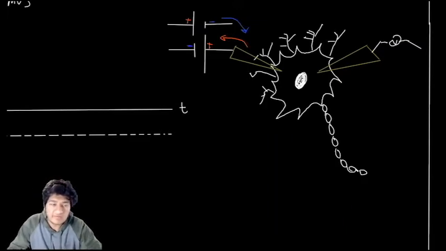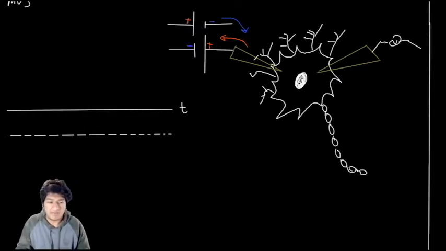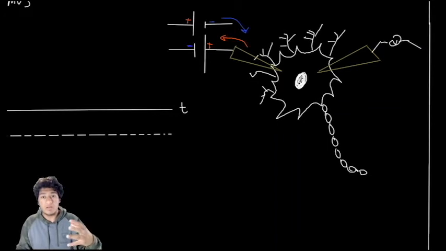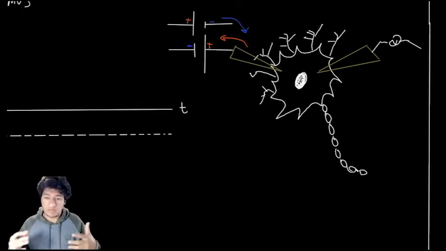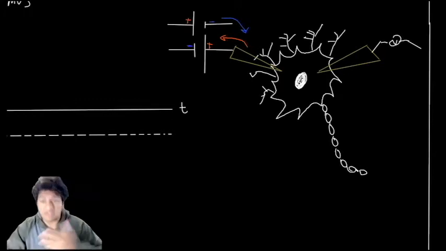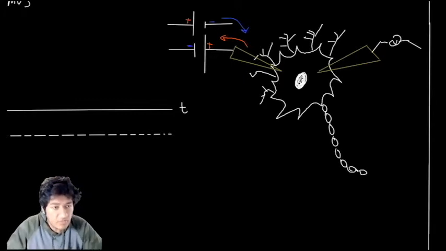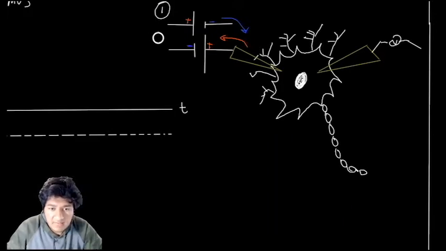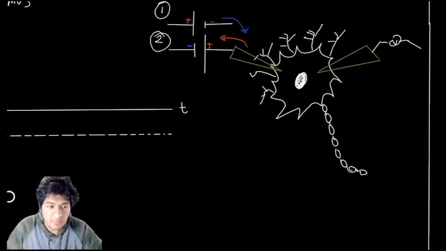These two configurations will result in two different types of graphs. Obviously, this is when scientists are putting in current or taking out current from the neuron, and this is how we get polarization, which means there's a change in the charge. So let's call this configuration 1 and this configuration 2.